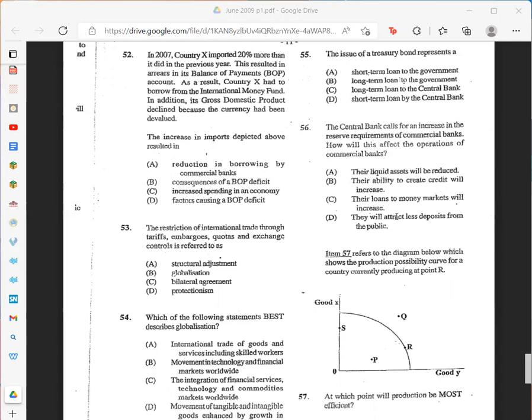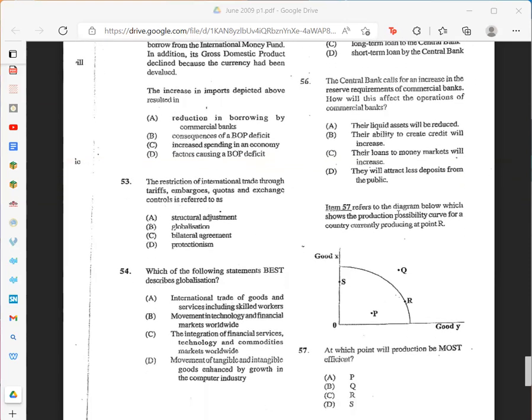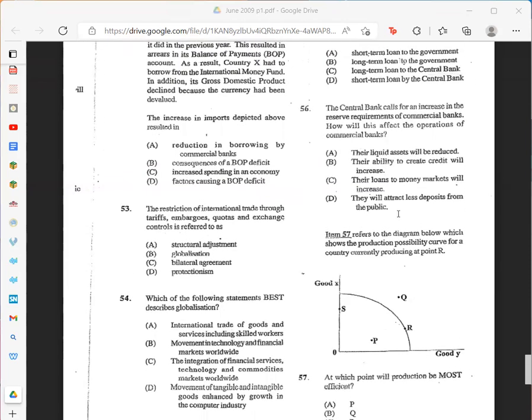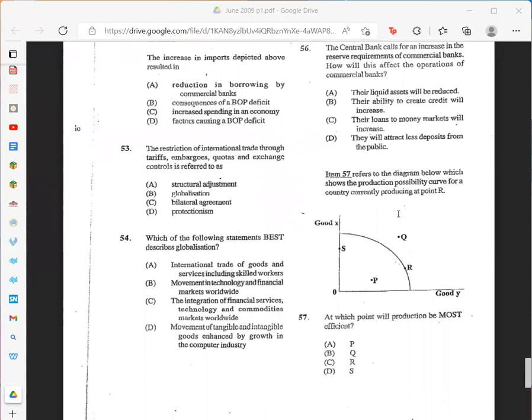So what does this imply? 56, tell me. Their liquid assets will be reduced, right? Because more money is locked away, they have less assets to lend.